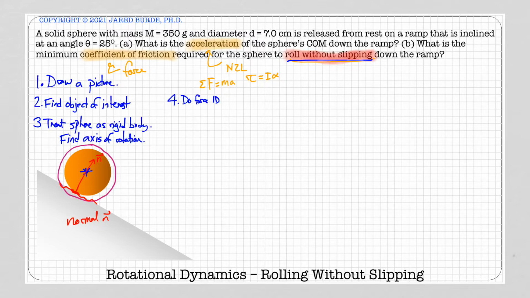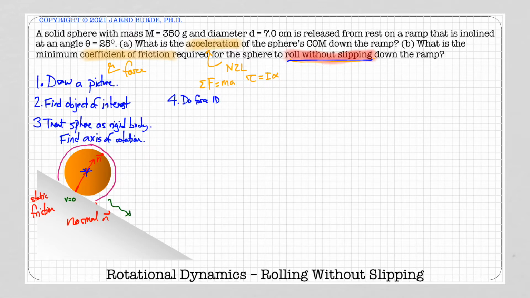Whenever you are in contact with the surface, you also have friction. If we are rolling without slipping, that means that we have static friction because the velocity between the points on the surface and the surface itself should be zero. So that's going to be static friction there. And if this were a block, let's say, on a frictionless surface rather than a sphere, the block would tend to want to slide downhill.